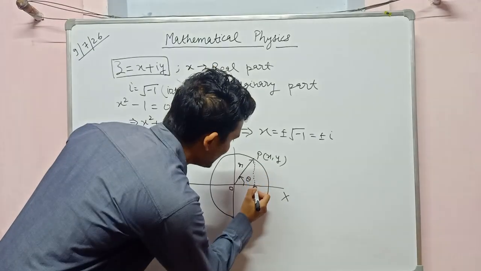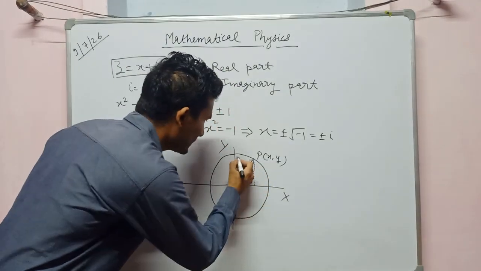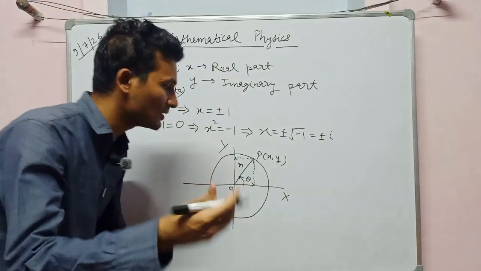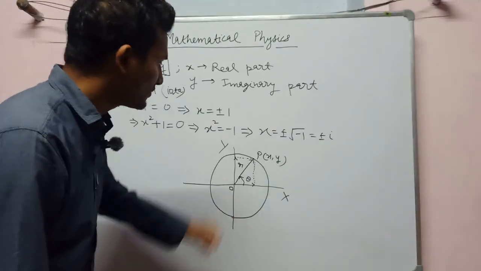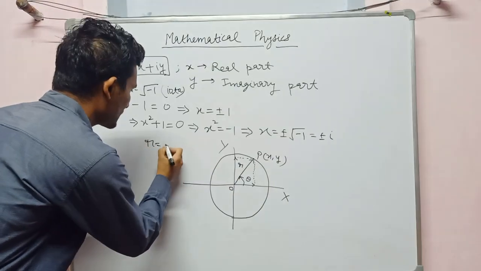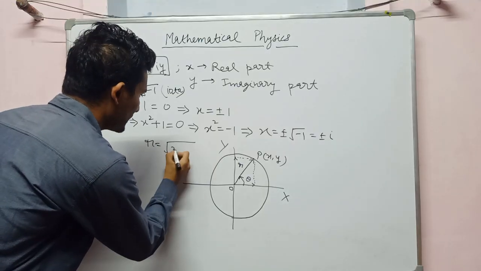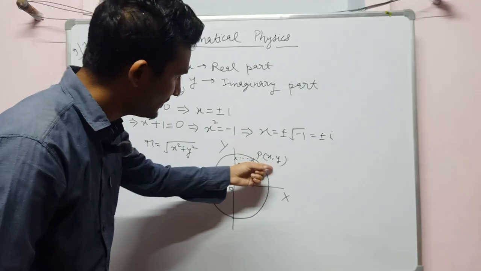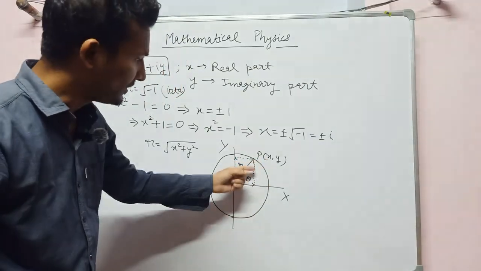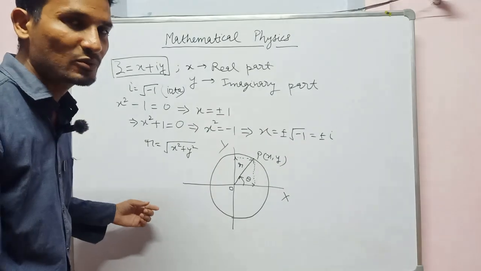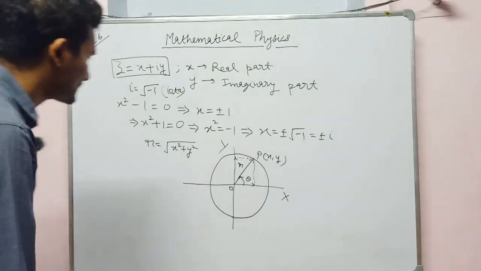Now you can see that if I resolve this vector along the x axis and y axis, it will have two orthogonal components. So r will become square root of x square plus y square, because these are the coordinates of point P, x and y. This is known as the modulus, or absolute value, of this vector.